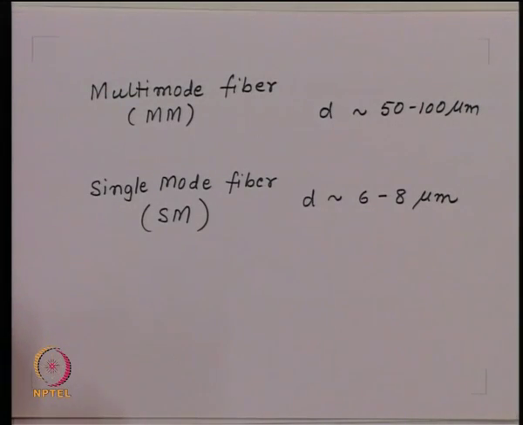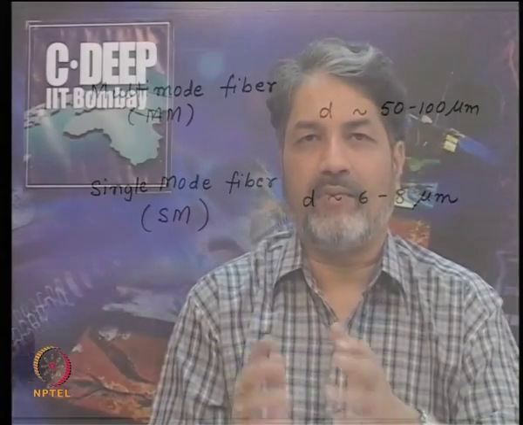Though the diameter of the core is different for single mode or multimode optical fiber, the diameter of the cladding is always standardized to 125 micron. The reason for this is very simple: whether you have a single mode fiber or a multimode fiber, ultimately you would like to put a connector on this fiber. So, the fiber has to go inside the connector. The inner diameter of the connector should decide the outer diameter of the fiber which goes inside it.